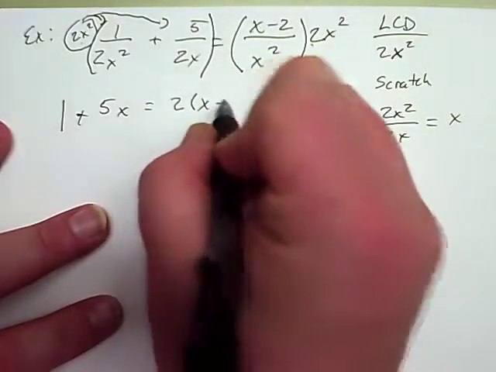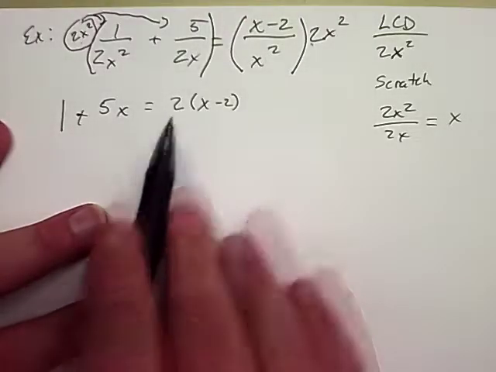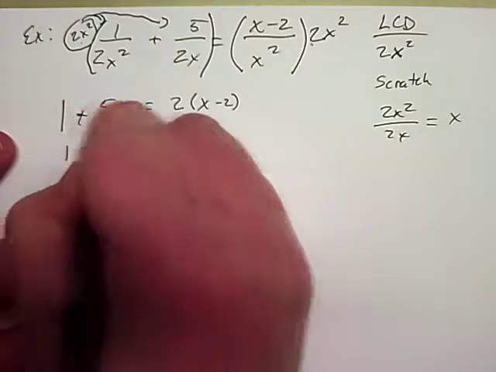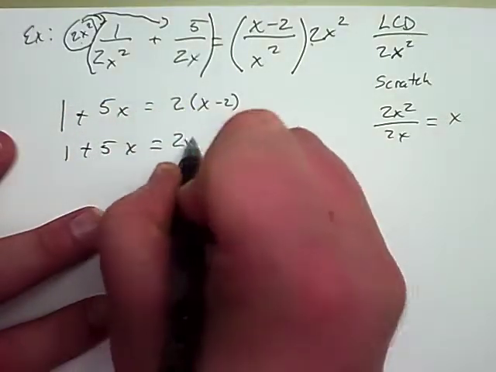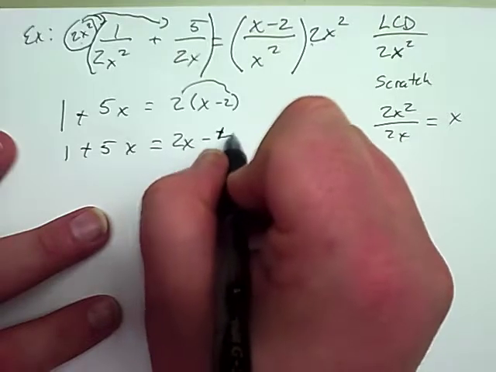And then I have my x minus 2 left over in the numerator. Now if I distribute my 2 to the x minus 2, I'd have 1 plus 5x equals 2x minus 4.